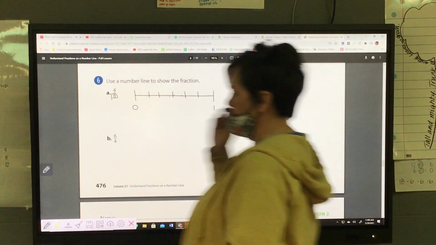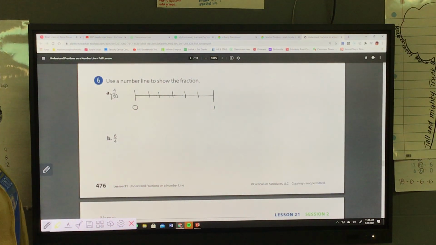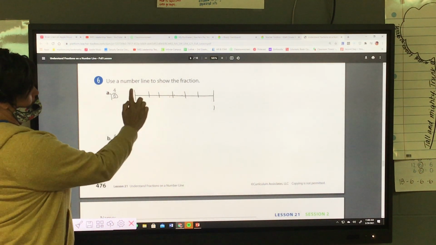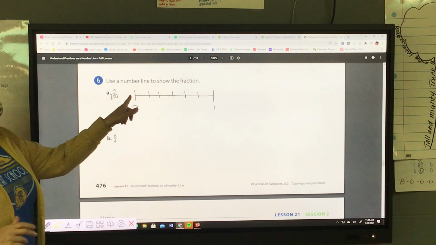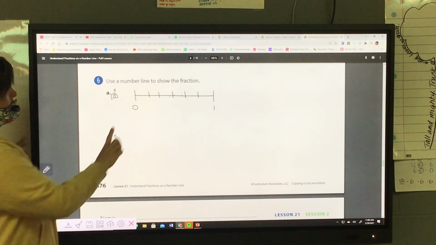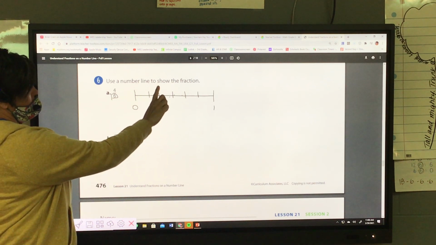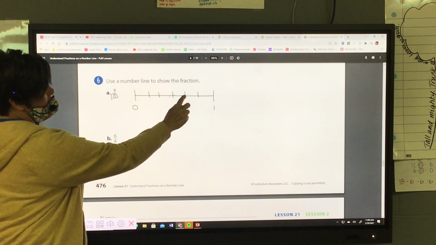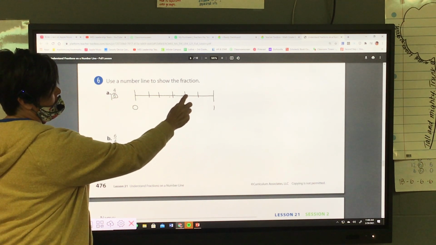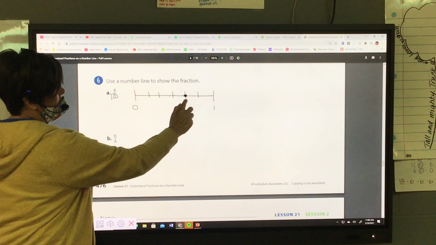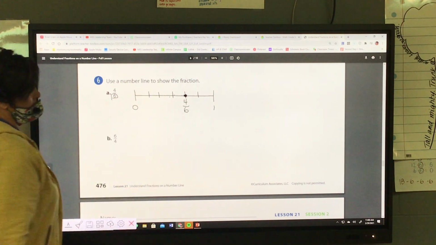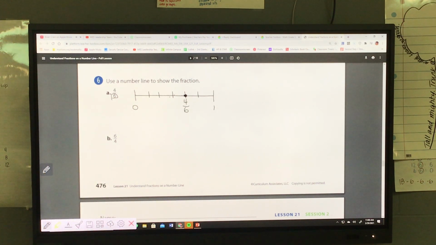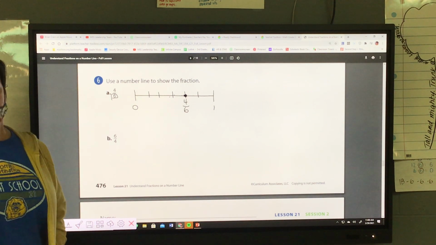All right, keep your finger on yours where you think it's at. Count with me. Do I count here? No, what is this? 0. So 1/6, 2/6, 3/6, 4/6. So I'm going to put a dot there, and then I'm going to label 4/6. Do that on yours. You can either label it above or below, either one.